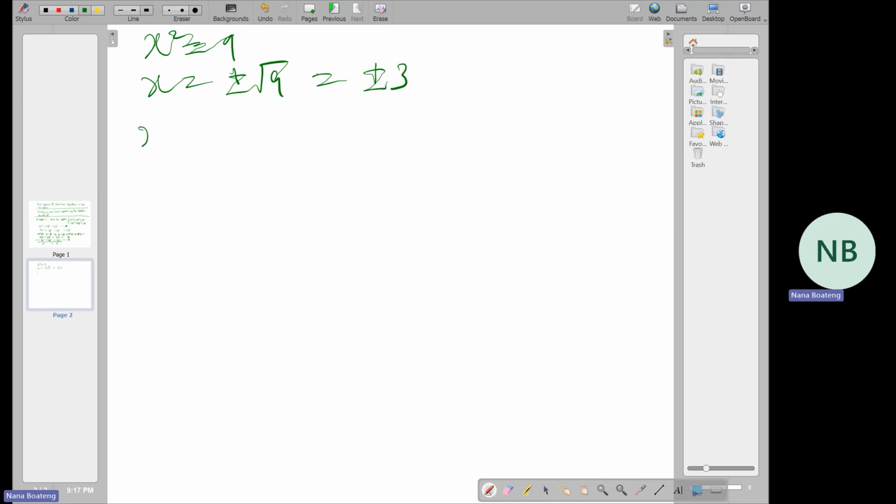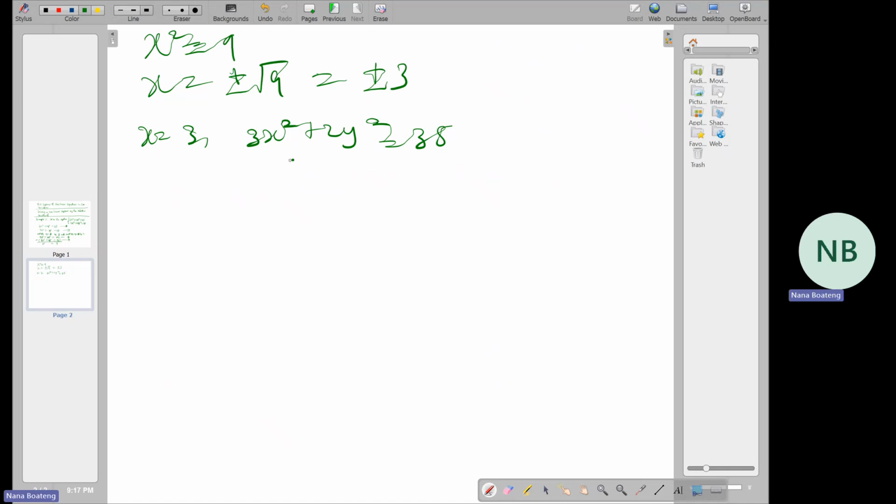Okay, so when x is equal to 3, we can substitute the value of x into either equation 1 or 2 to find the value of y. Equation 1 is 3x squared plus 2y squared is equal to 35.